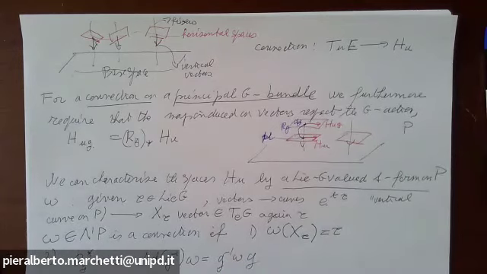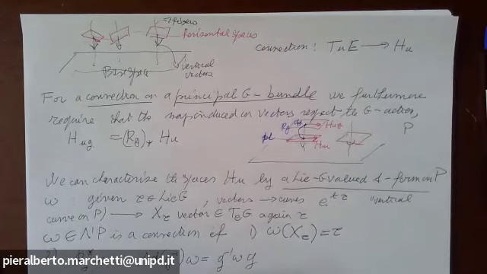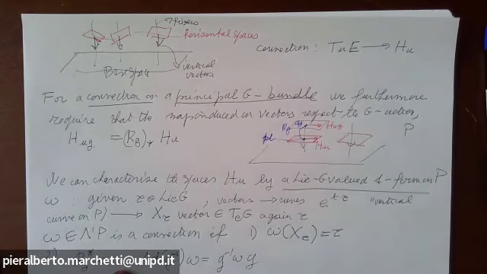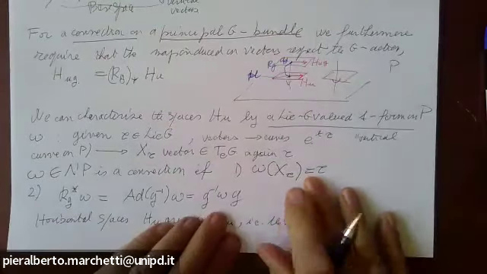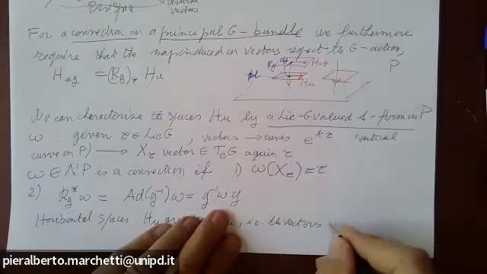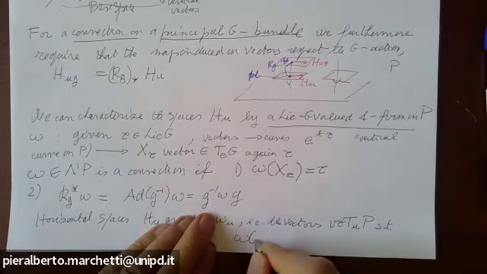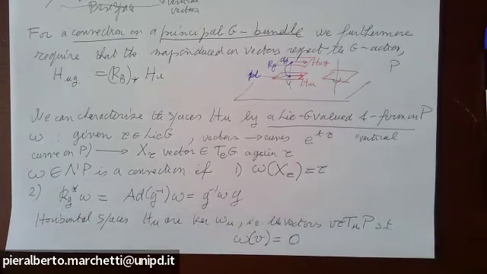So in simple words, if you require these two properties, the horizontal spaces H_U are just the kernel of omega at U. That is the vectors B, which belong to the tangent space of P at U, such that omega applied to this vector is 0.